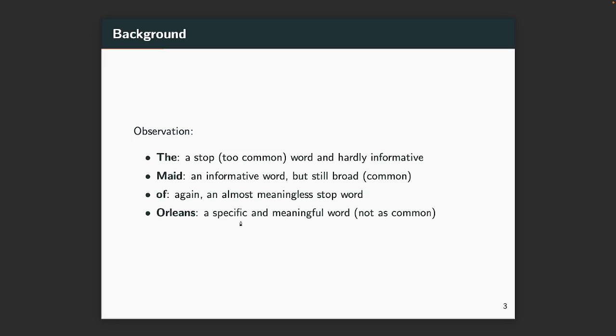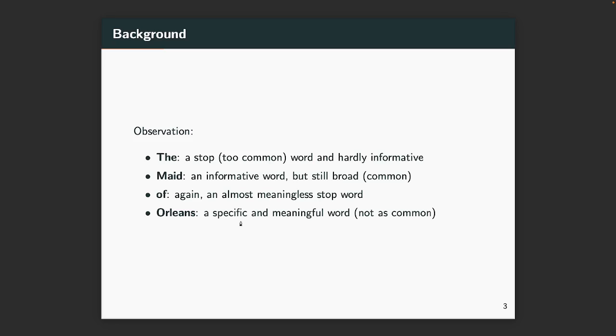So as you can see, hopefully from this example of the four words here, the very common words are too broad or too common to be useful. And then the less common words or rare terms are more specific and more meaningful.